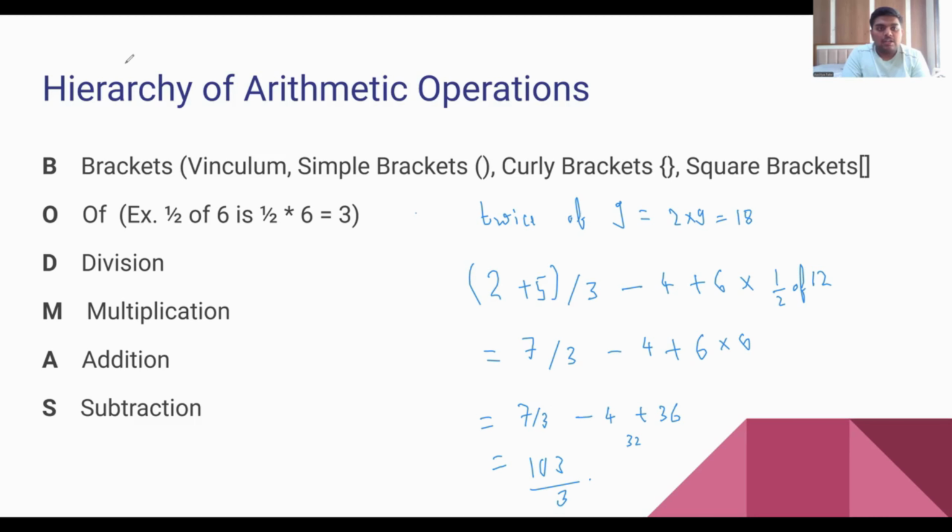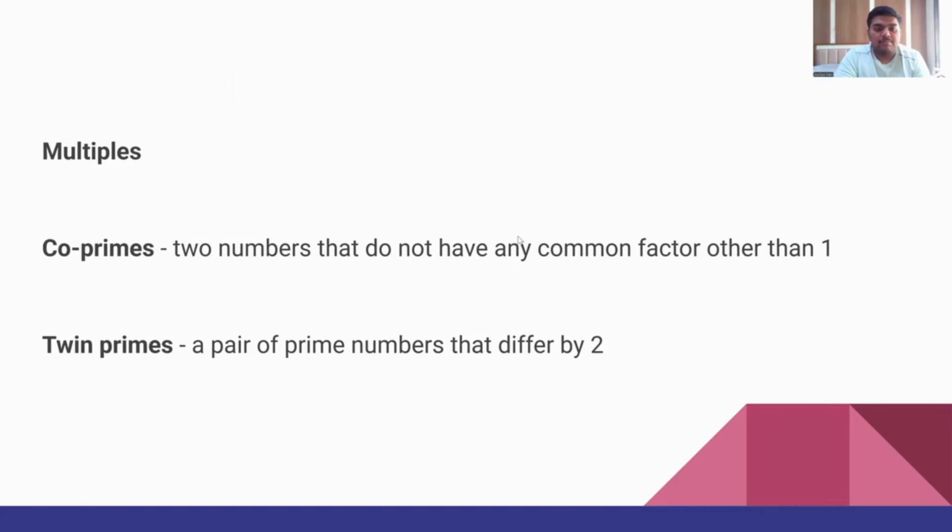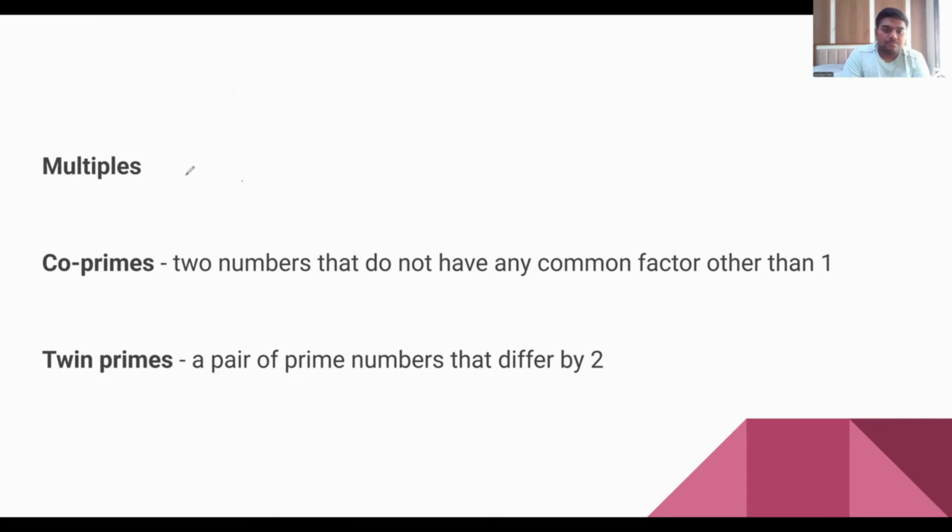So now let us move on to the rules of divisibility. Before that, let us understand 3 basic terms, which are multiples, co-primes, and twin primes. So see, multiples are the reverse analogy of factors, nothing else.